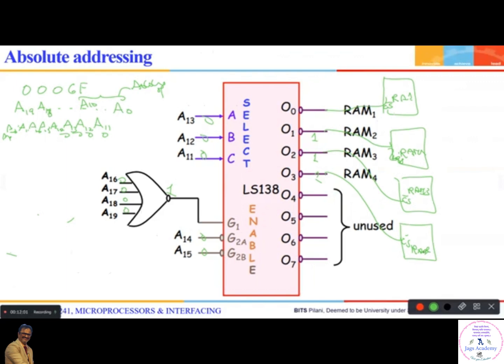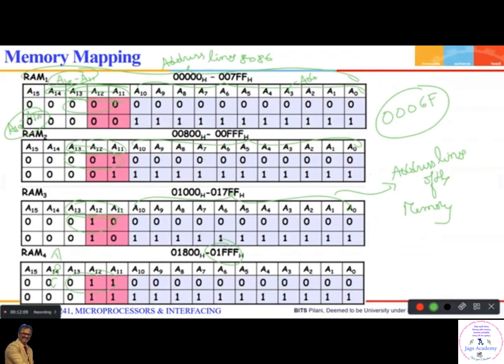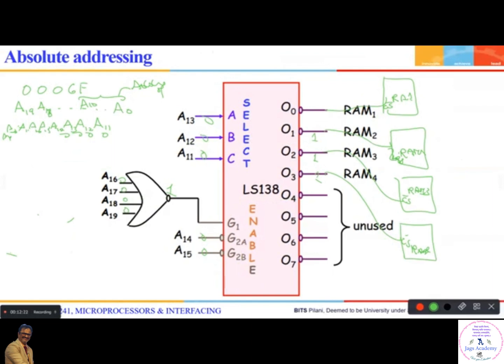Suppose the microprocessor generates an address which belongs to RAM 4. What is the address range of RAM 4? That is 01800 to 01FFF. When the microprocessor generates any address in this range, the decoder logic you have designed has to enable this.